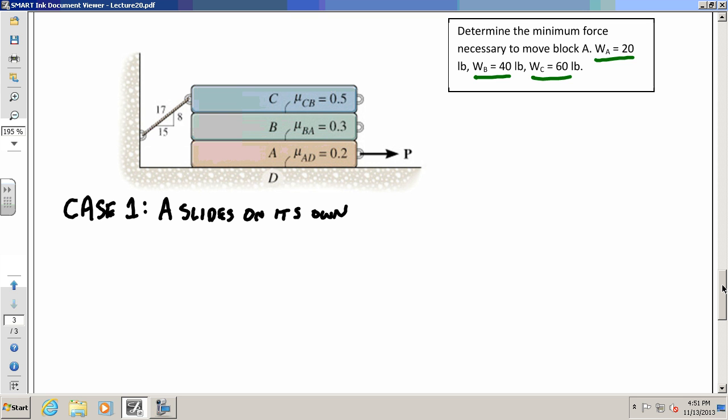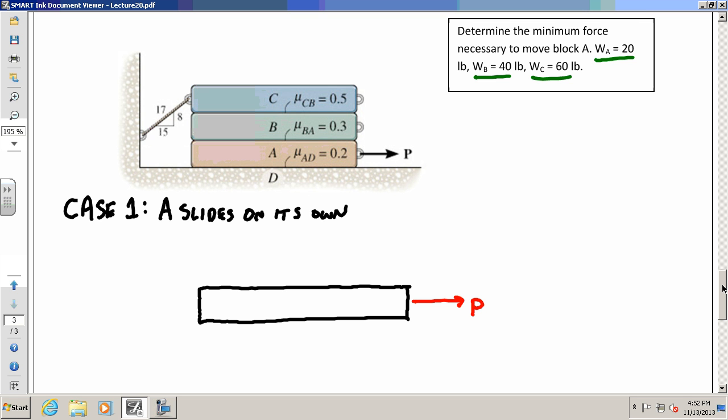Let's draw a free body diagram for this block at A. Start with the easy part. This is force P, pulling to the right.